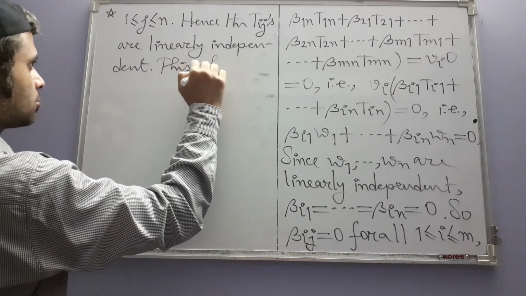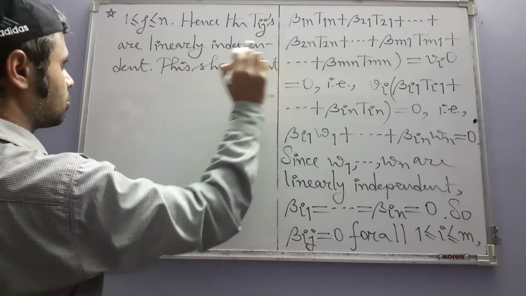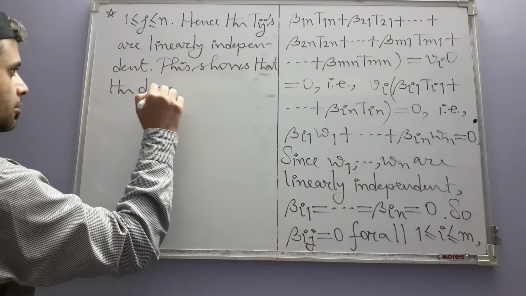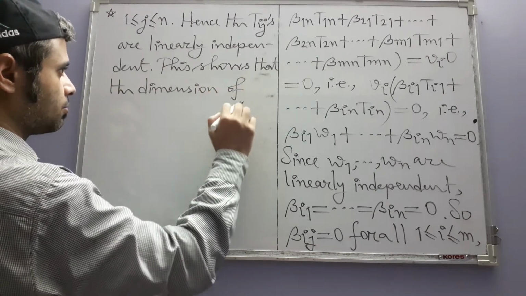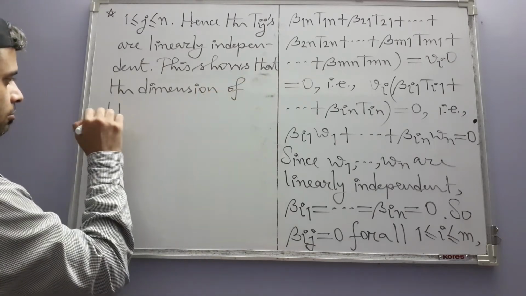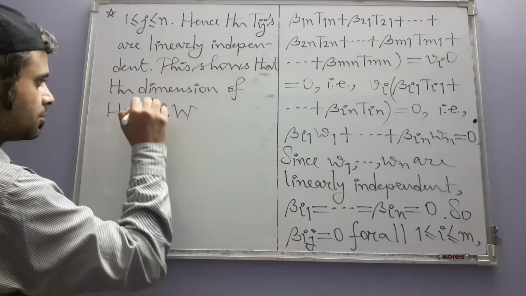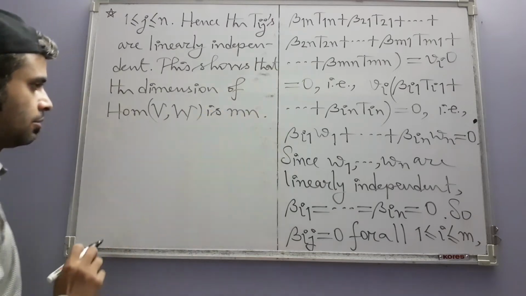This shows that the dimension of our space of homomorphisms is mn.